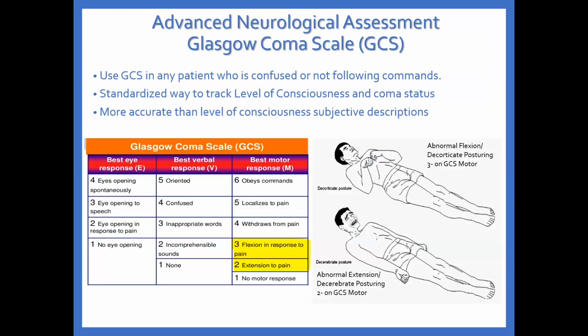Any speech that they open their eyes to, they get a number 3. But they have to have not opened them spontaneously. It has to be their best. Like, the only way I can get them to open their eyes is to talk to them. They will not open their eyes unless someone is talking to them. So that means this patient can't open their eyes unless they're being spoken to, because otherwise you give them spontaneous opening, right?